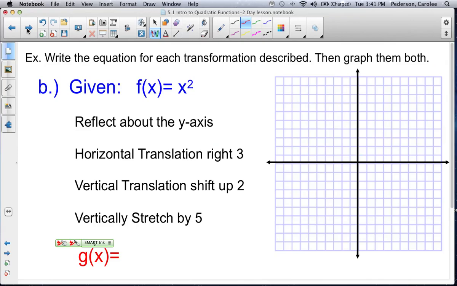This one has 4 transformations. So let's graph the original parent function again.